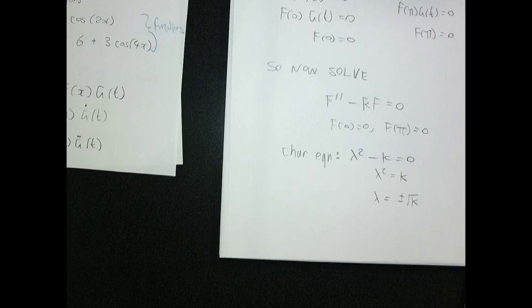If k was positive, lambda is plus or minus root k, two real answers. And if k was negative, we're going to get an i when we do the square root. So we have to consider all three of them separately. Technically, pretty much just one of them is going to be the one that works, but we have to consider them all.